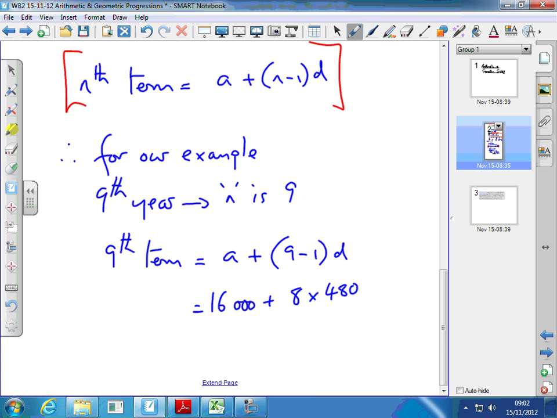Because you're going around one lot of 480, then another lot, and another lot, so 2 times it, 3 times it, and so on, which is 840 pounds yearly. So we can find out any term in an arithmetic progression using that little formula here. We can find any term.